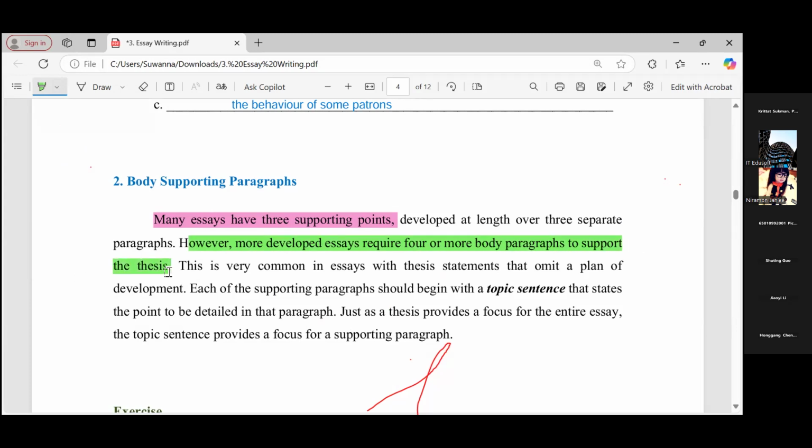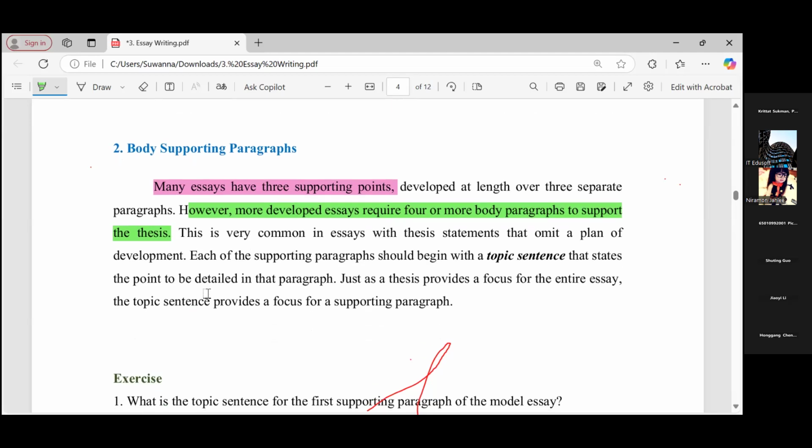Or master's or PhD assignments, especially your dissertation or thesis, you will have more than three paragraphs, of course. Your paragraphs can go on to six or seven. It depends on the section of your thesis as well. And this is very common in essays with theses that omit a plan of development.